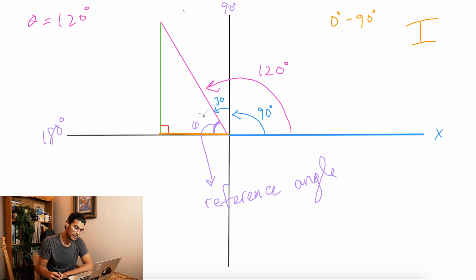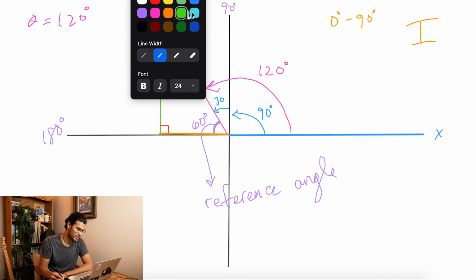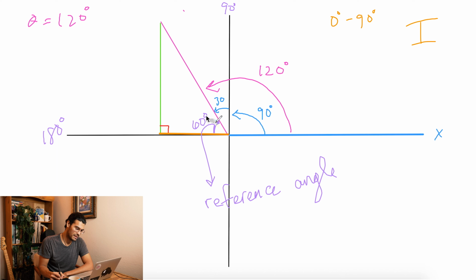And that answer is 60 degrees. Okay, so we drew this line down, formed a right angle there. This reference angle is 60 degrees, and that's the angle we're going to be working with. If this reference angle is 60 degrees, we know this angle and this angle have to add up to 90. So there's going to be 30 degrees.